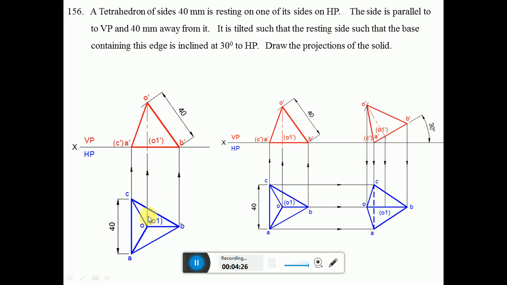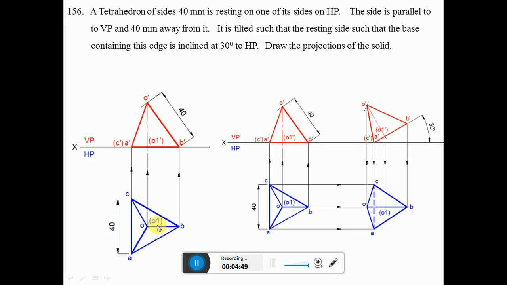You have already drawn a vertical projector above HP, continuously increase it. Then from B dash you cut an arc on that vertical line, so that you get this point which is O dash. So this radius will be 40. Since OB is parallel to VP, I am getting the true length here. But OB is equal to OA, which is equal to OC, so all the sides will have equal length.